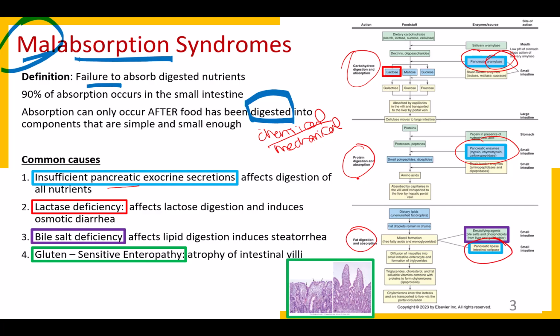Another common cause of malabsorption syndrome is a deficiency in the enzyme lactase. So sometimes we hear of people saying, I'm lactose intolerant. So it's not that they're allergic to lactose, which is a disaccharide.